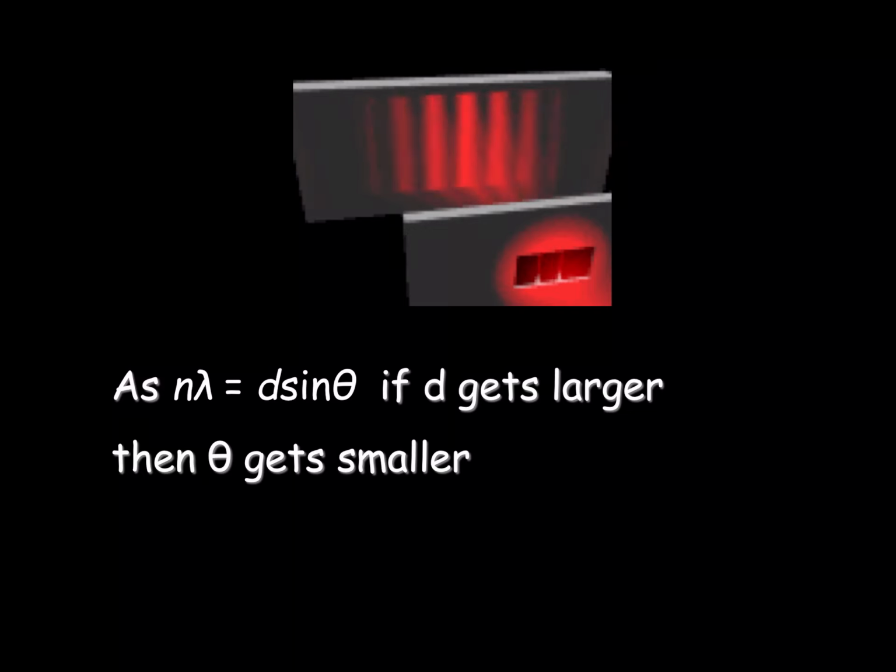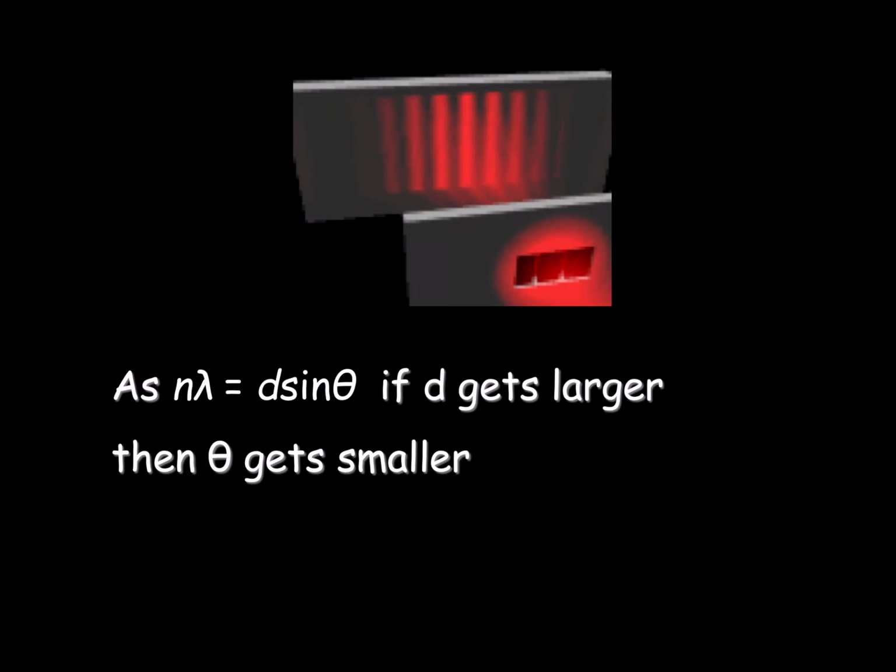If d gets bigger, theta's got to get smaller. Now look at the diagram. As the slits move closer together, the angles increase and the fringes get further apart. As the d gets bigger, the angles get smaller and the fringes move closer together.